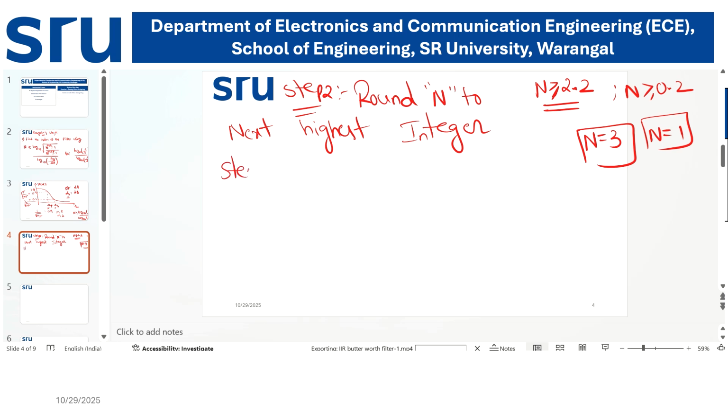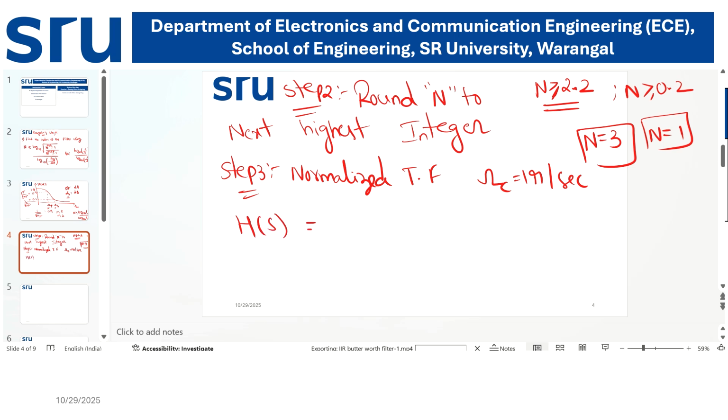Then step number 3 is finding the normalized transfer function. In step number 3, we consider the cutoff frequency as exactly 1 radian per second. Therefore we have to find H of s, which is 1 by the polynomial D of s.